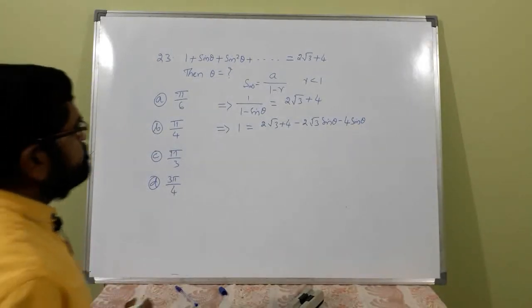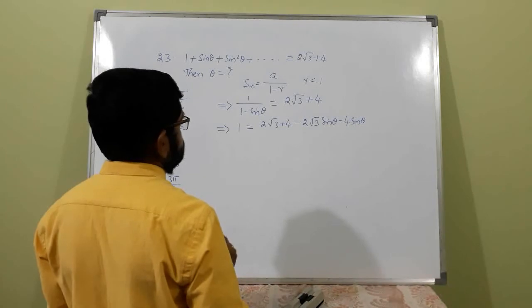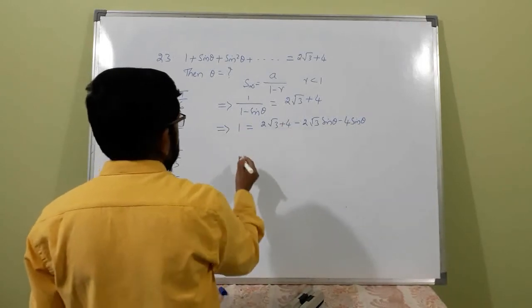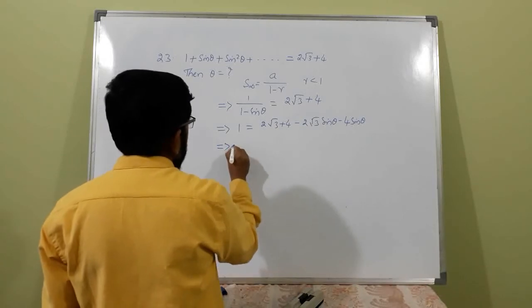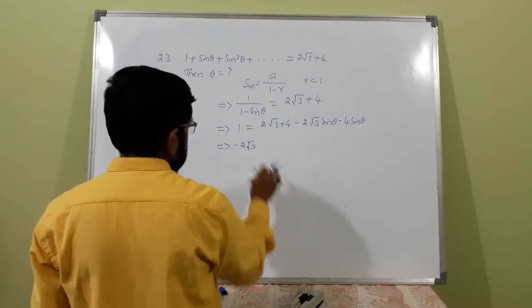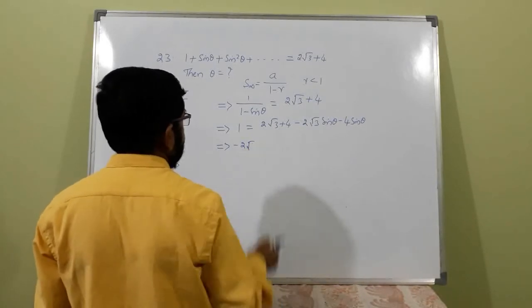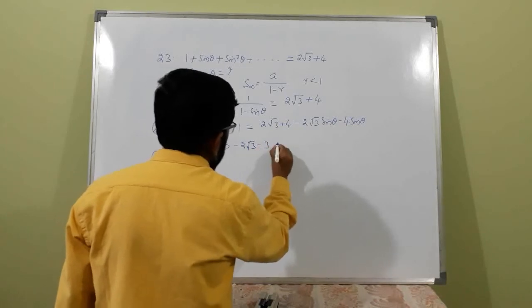Okay, let us bring these to the right side. This implies minus 2 root 3 minus 4 means minus 3 it is.